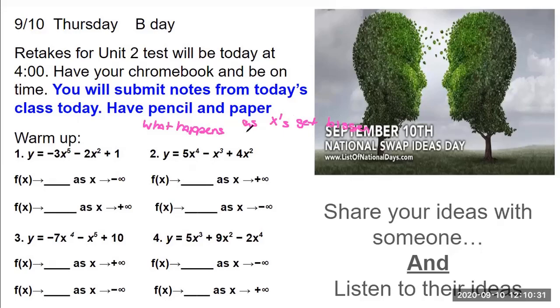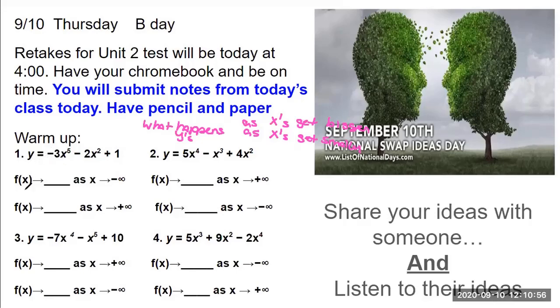And what happens to the y's as the x's get smaller? And what I like about this notation is that's exactly what this says. So Logan, tell me what I can do about figuring out the end behavior of this guy.